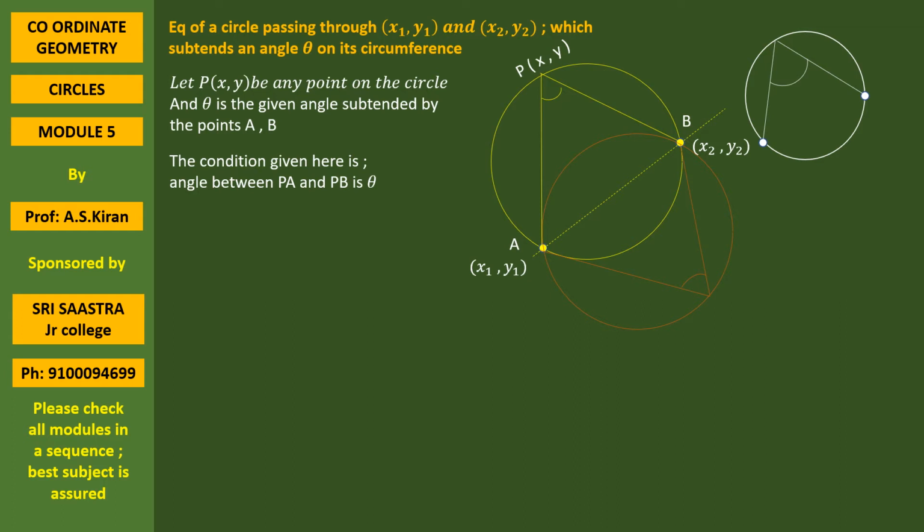That itself is the locus condition to find the equation. In our previous straight lines chapter, we already know that if theta is the angle between any two straight lines with slopes m1 and m2, then tan theta is equal to mod of (m1 minus m2) by (1 plus m1 m2).